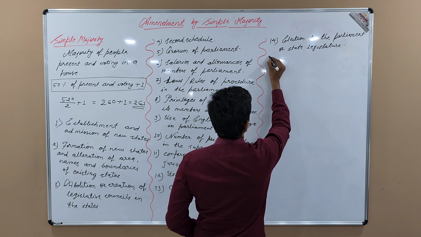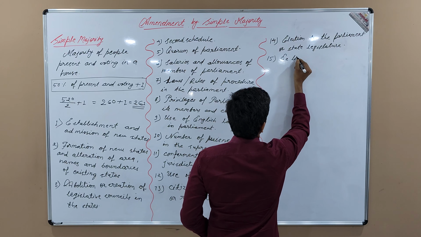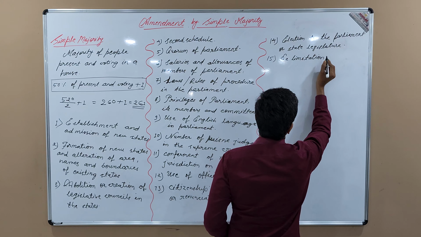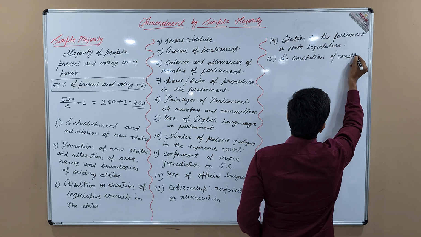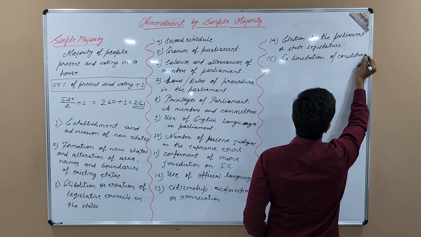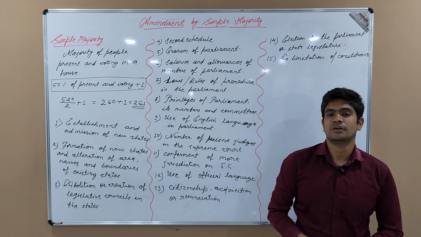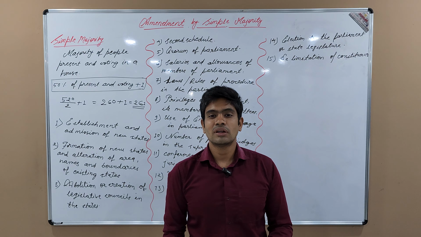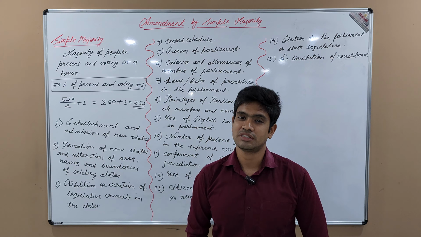Now, the next one is delimitation of constituencies. So we already know that for the sake of elections to the Lok Sabha, the whole country has been divided in different Lok Sabha constituencies.